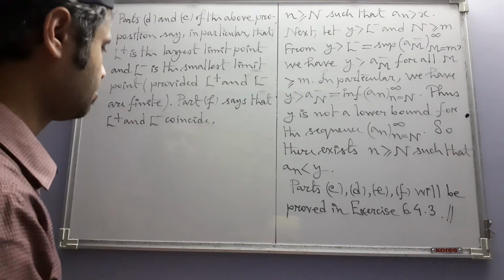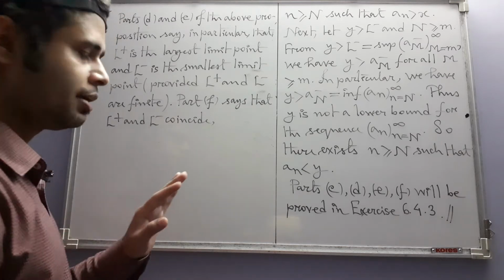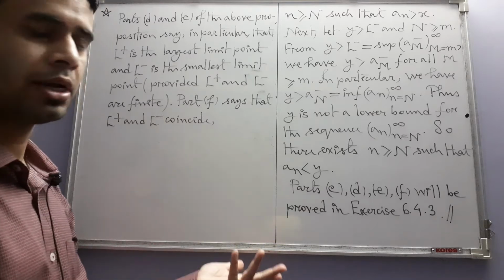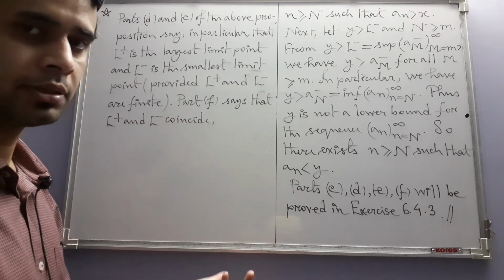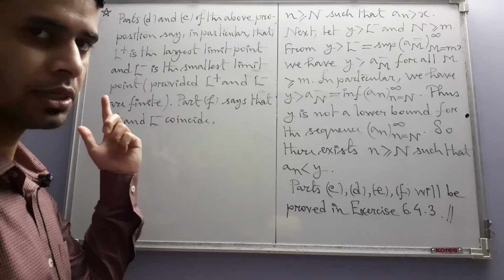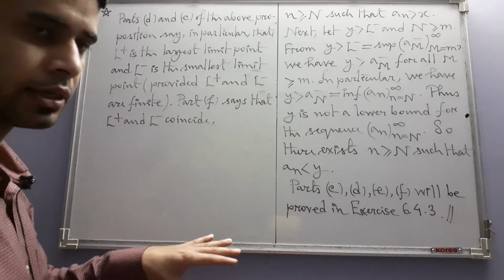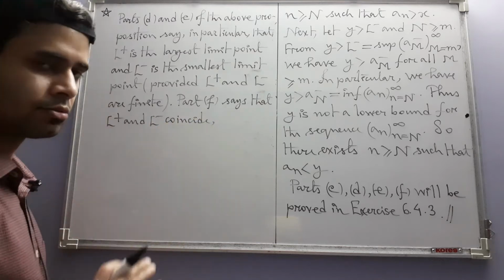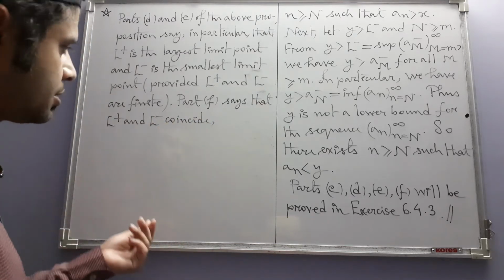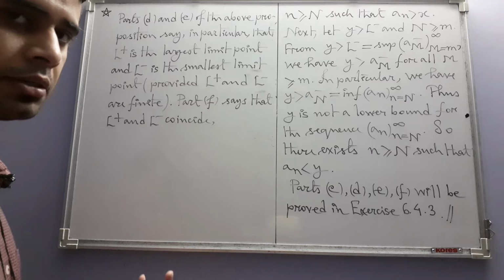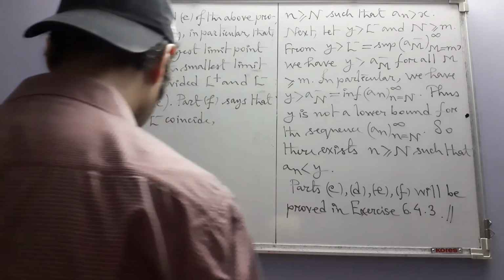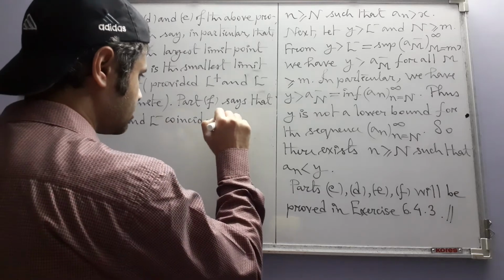For example, part F won't say anything if L plus and L minus are both equal to plus infinity. That may happen. We have already seen in the previous examples. Then we cannot say that the sequence is convergent. Only when they coincide and become a real number, then part F says that the sequence converges.